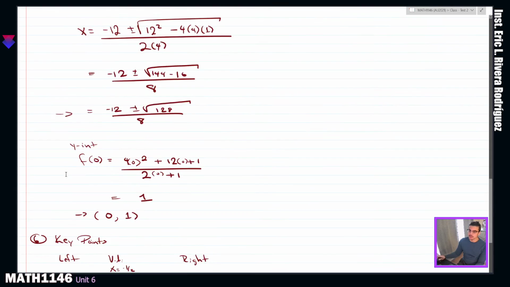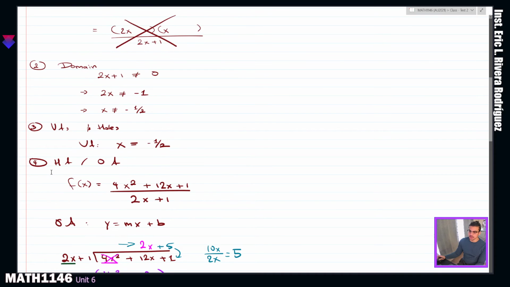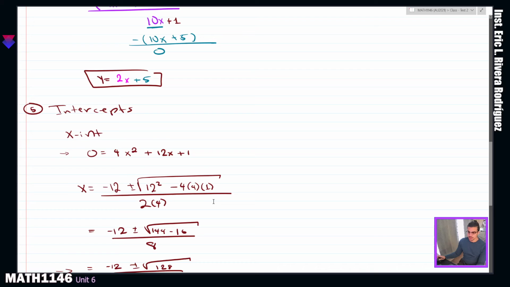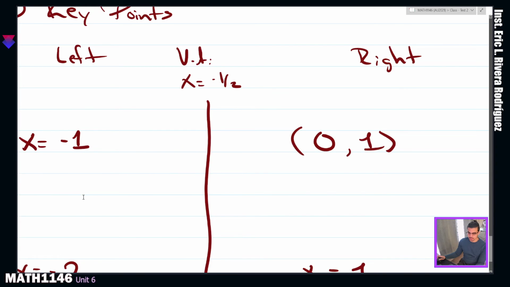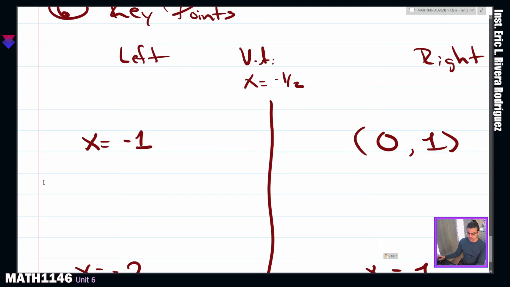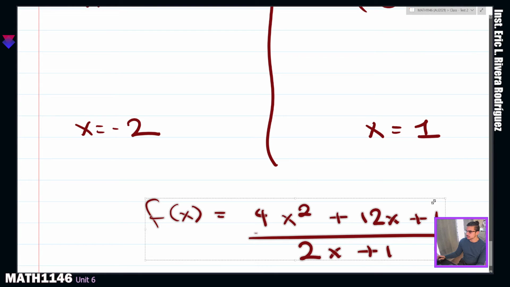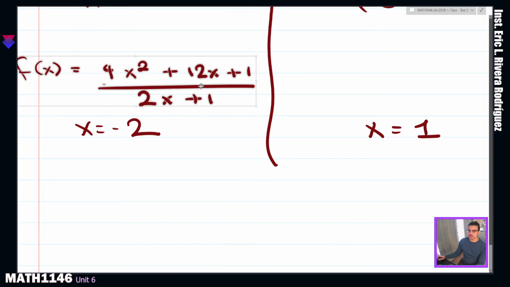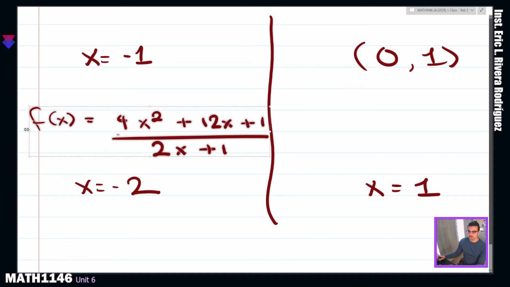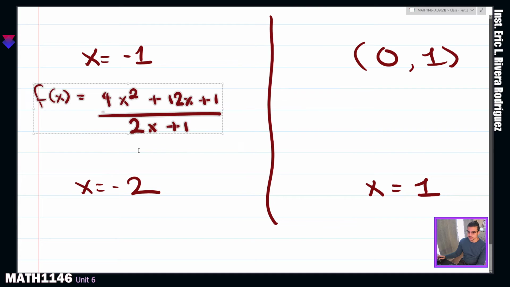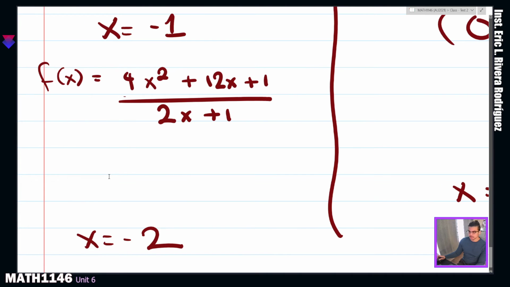So when using 1, let me copy the function. Okay. So using 1 there, I think I can copy this.